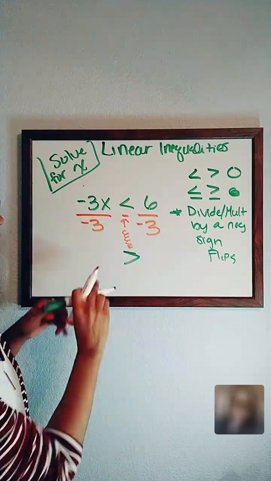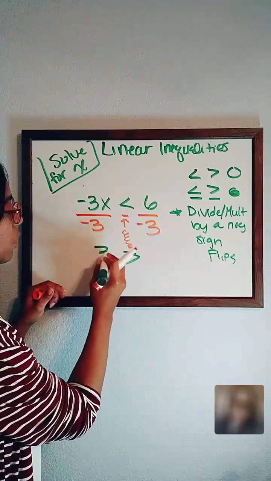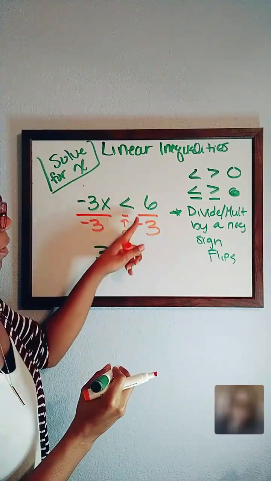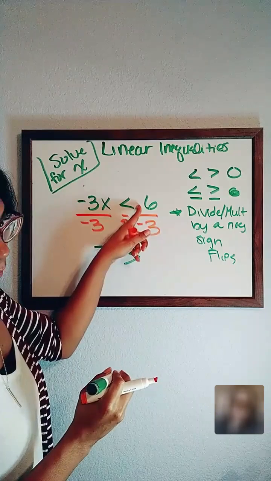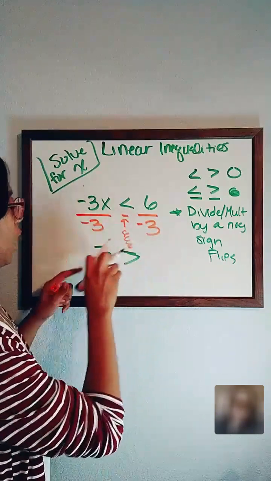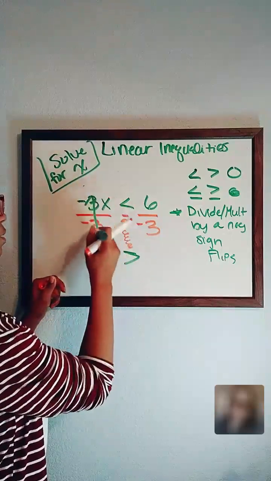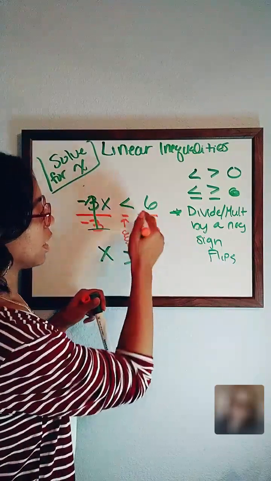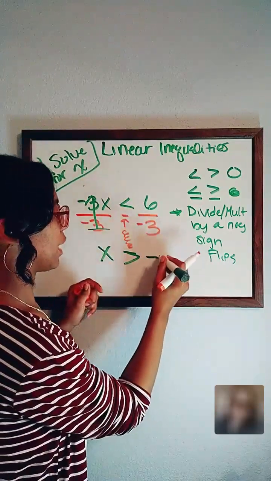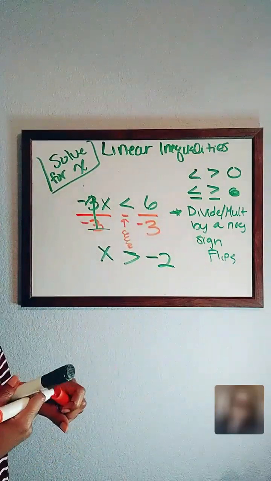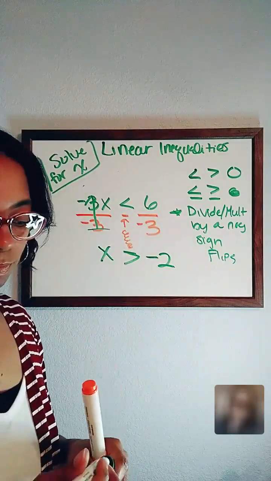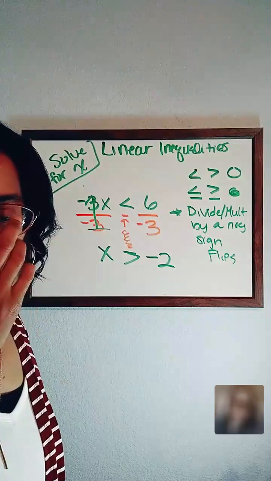So this becomes a positive 3. This was negative, now it will be a positive x. My bad. Positive x. And this will become a negative 2. Does that make sense, Barrick?